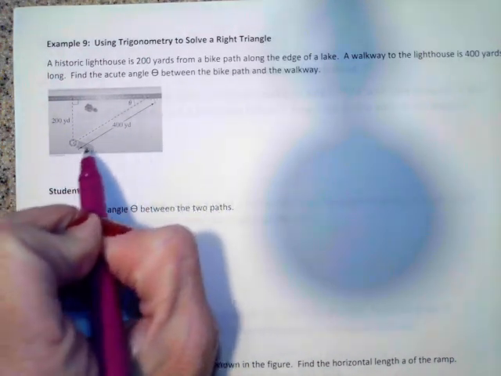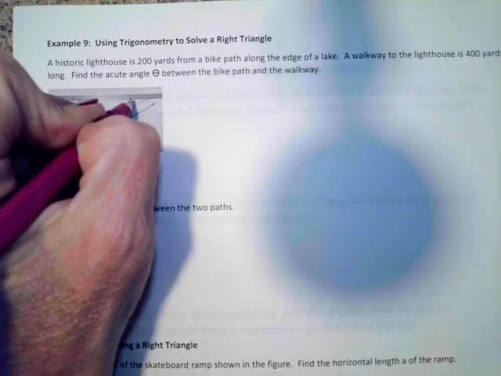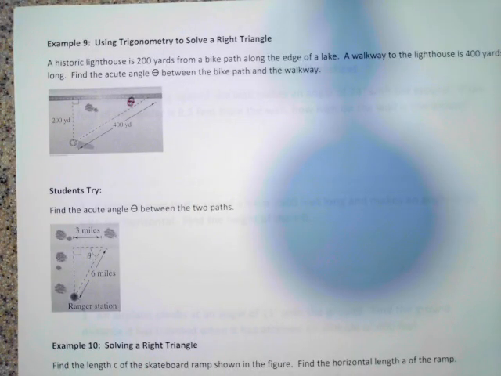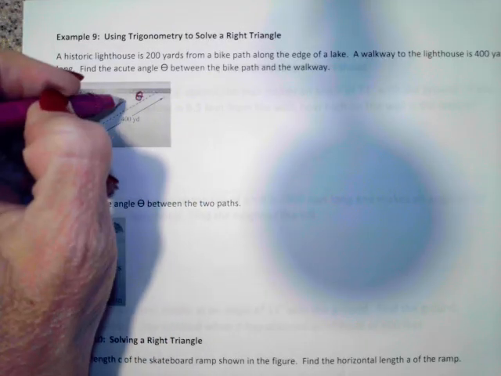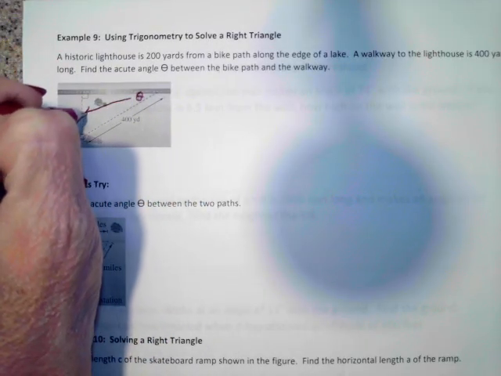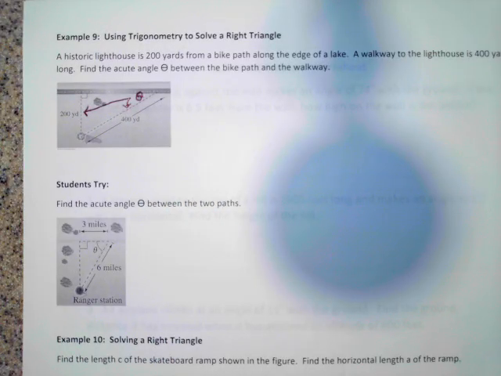So that is the diagonal. Find the acute angle theta. So here's our theta right in here. So now this time, here's my angle. This is the side opposite, and this is the hypotenuse.